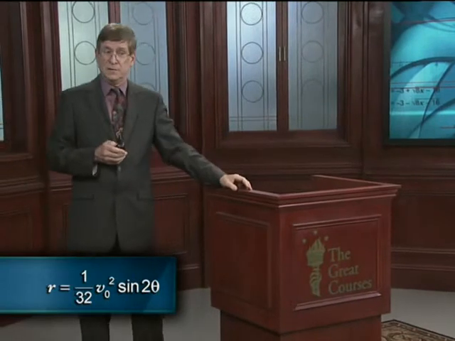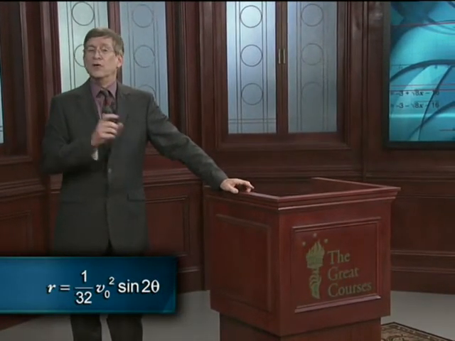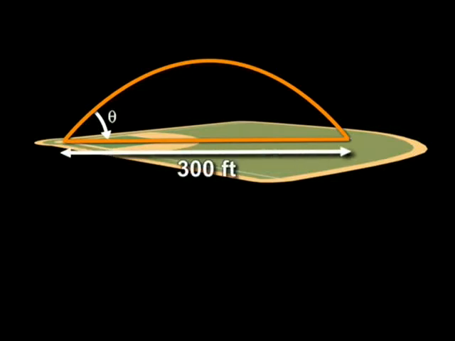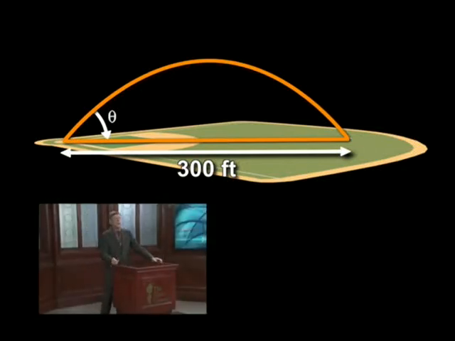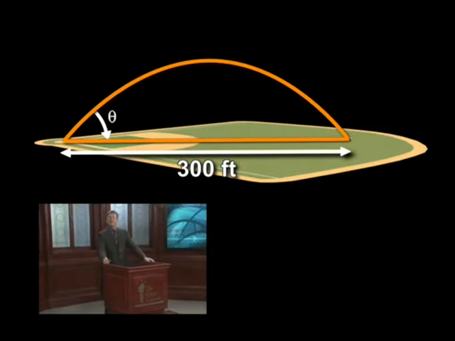That's a formula for the range of a projectile when there's no air resistance. Here's a picture of our baseball leaving the bat at a certain angle theta and going 300 feet. Here's the question. What is the angle at which the baseball left the bat?